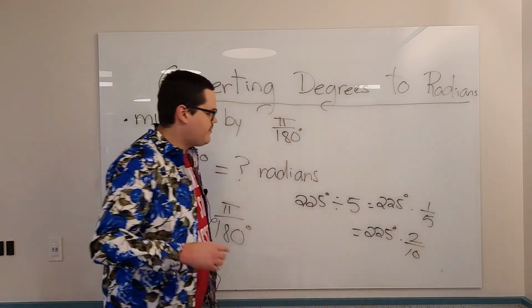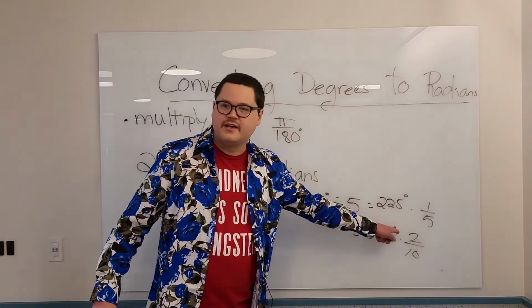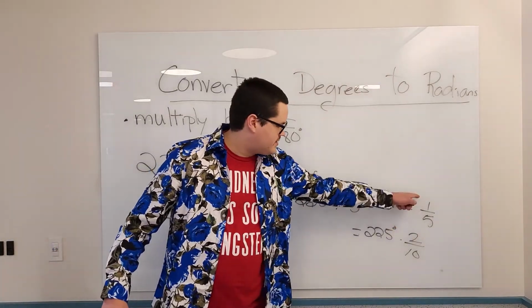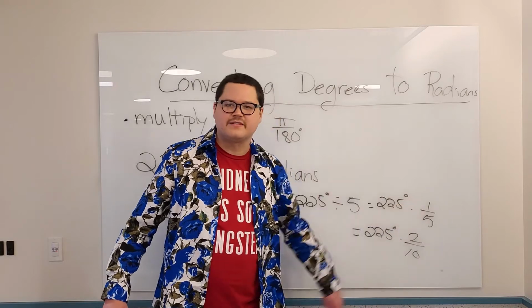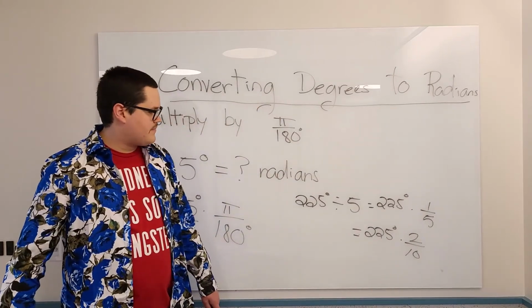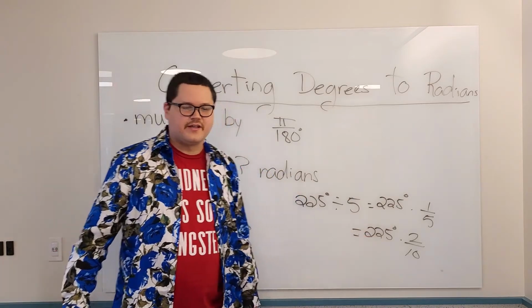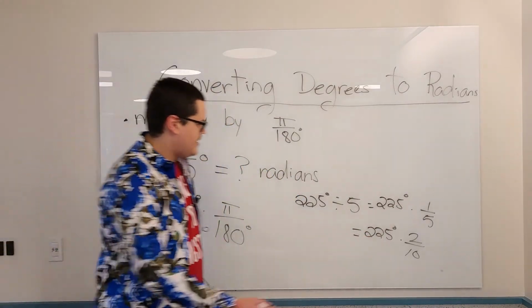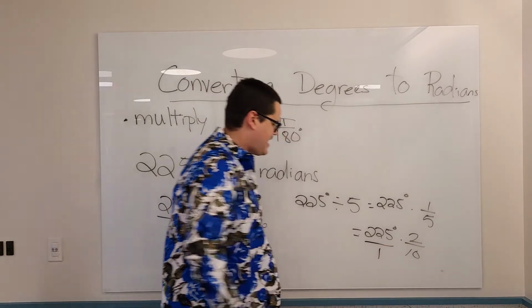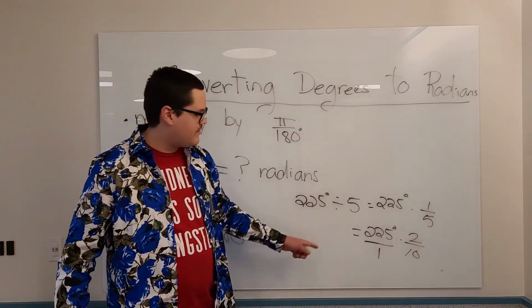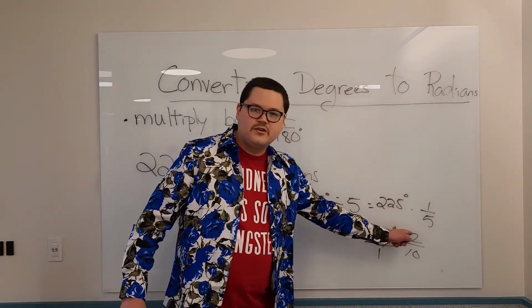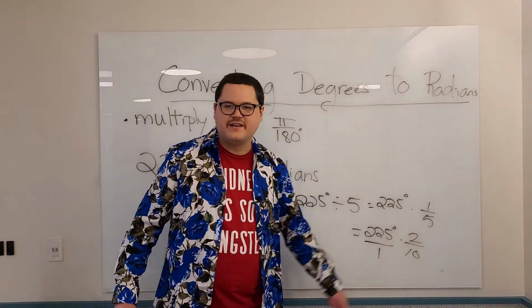If we reduce 2 over 10, 2 goes into 2 once, goes into 10 5 times. So multiplying by 1/5 is the same as multiplying by 2 over 10. In essence, to divide by 5, you multiply by 2 and then divide by 10.